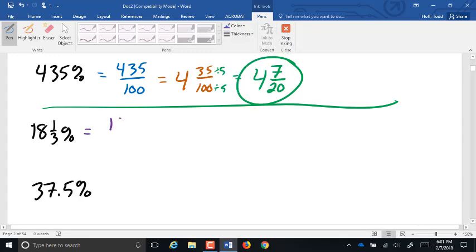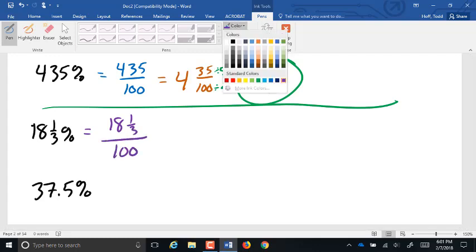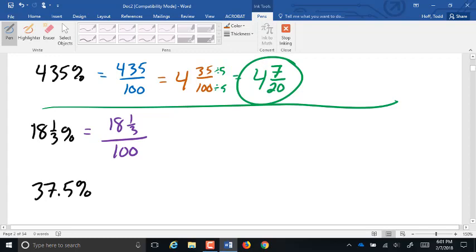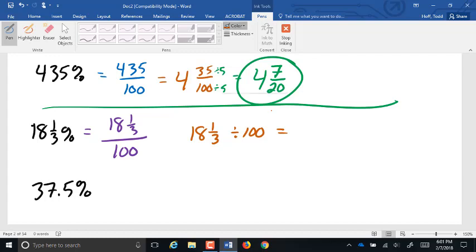18 and 1/3%. Well, again, percent is always over 100. We need to get rid of that fraction somehow. I'm just going to do 18 and 1/3 divided by 100. 18 and 1/3 becomes 55 thirds.